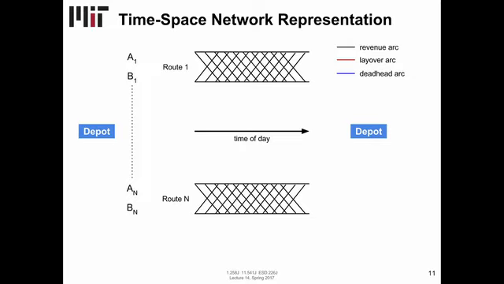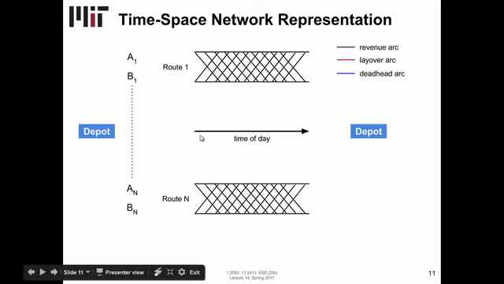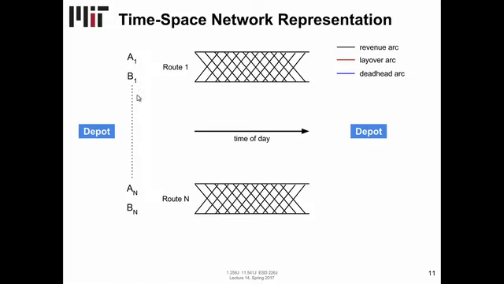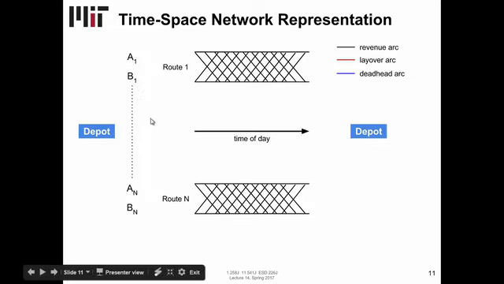So this is the time-space network representation of the vehicle scheduling problem. In the next three slides, we're trying to build on the time-space network structure to realize what decision we're trying to make and how we can solve it. This is a time-space representation with the x-axis being time of day and the y-axis being space. This is only one-dimensional space here, but it could be two-dimensional too.